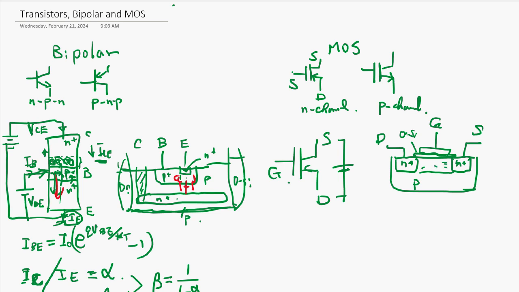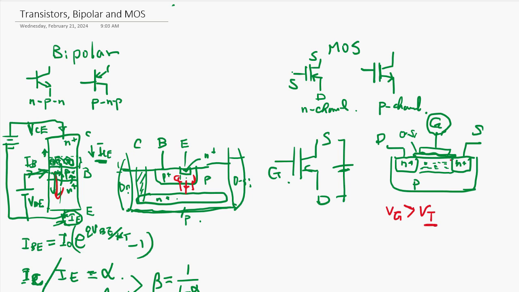So this is depleted completely and current doesn't flow. But this gate can change this situation. What the gate does is, when VG becomes larger than a certain voltage, we call the threshold voltage, right?